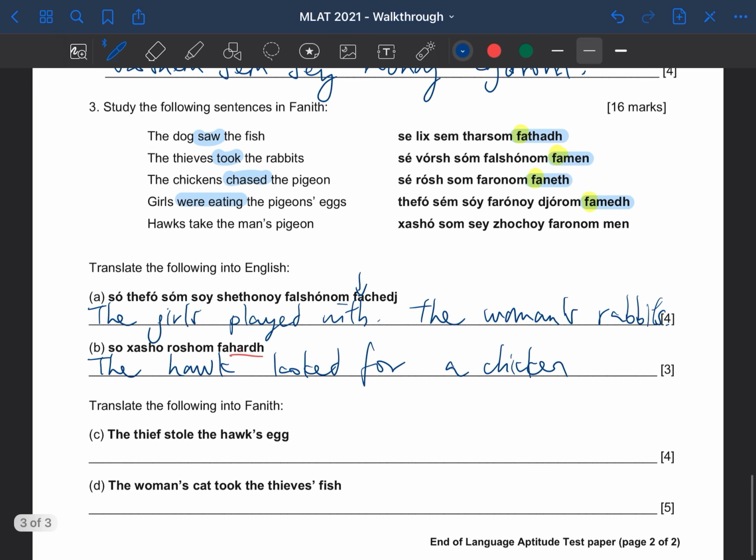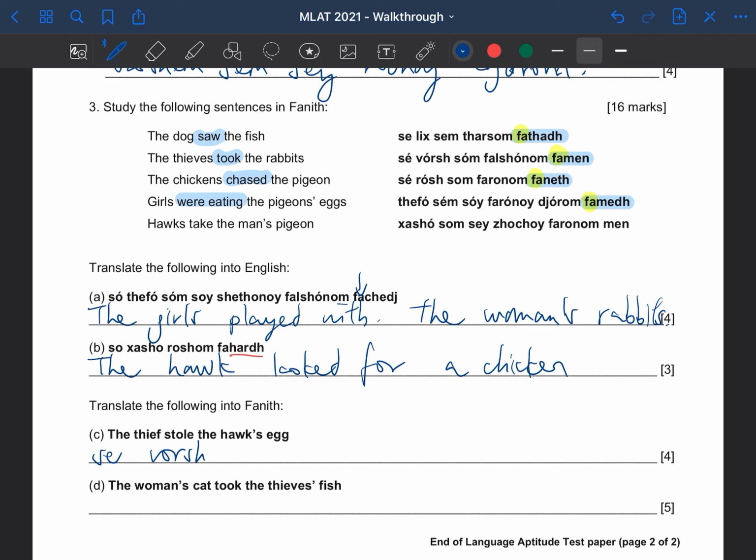And then we need to translate the thief stole the hawk's egg. So what is the thief? Thief would be se fosh. Now it doesn't have the accent because it's singular again. So the hawk's egg, we have the hawk in the middle, remember. So hawk is sashon, and what is the determiner of sashon?